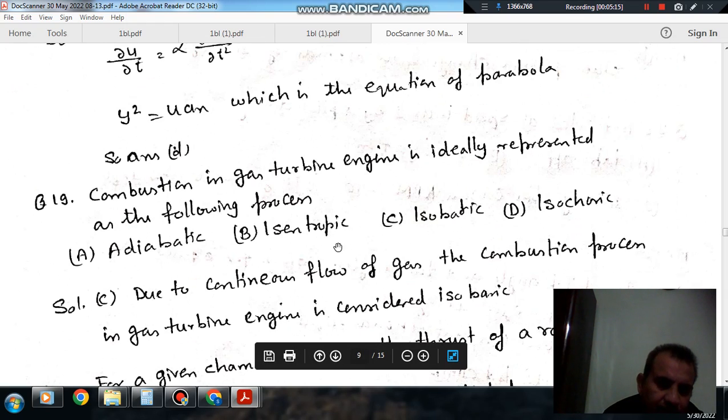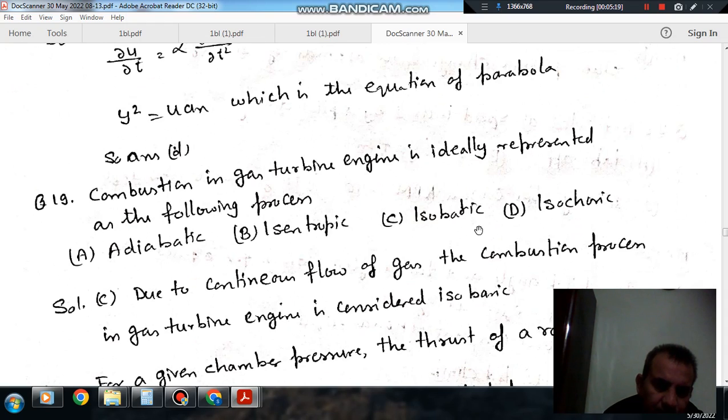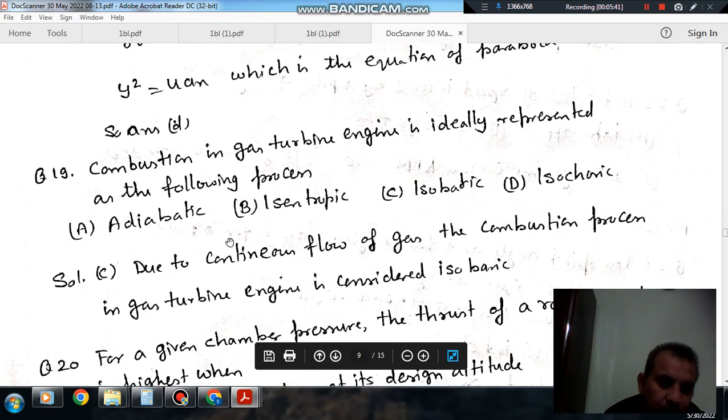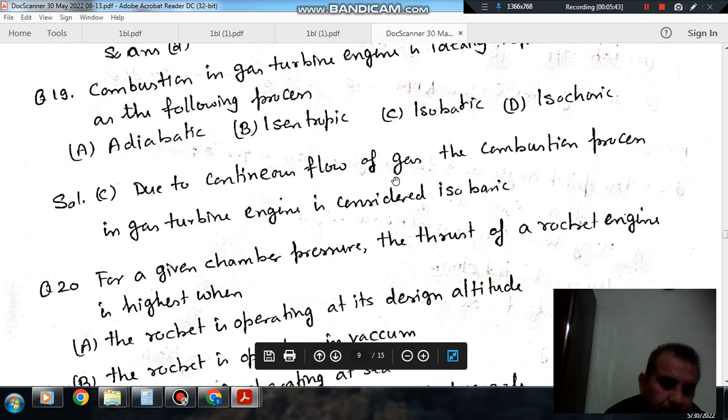So combustion in gas turbine engine is represented by isobaric process because it is a continuous flow system, whereas in IC engine in motor vehicle it is defined by constant volume process because it is a closed process. So it is continuous flow system, and that's why the isobaric process is considered for combustion. Okay. So answer is C.